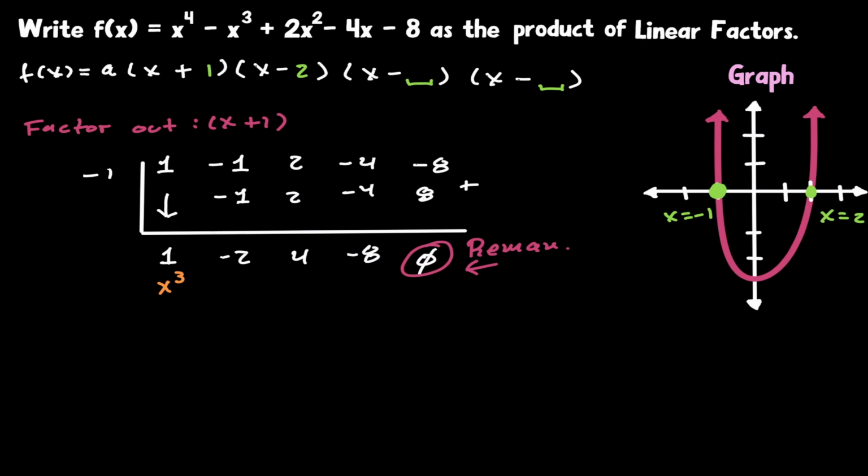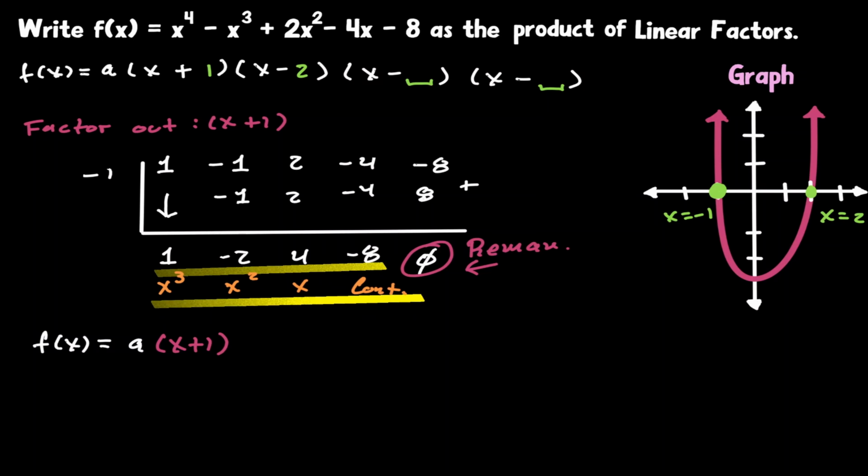It's always 1 less than what we started with. -2 is going to be the coefficient of x, and -8 is going to be our constant. So now we can say that f of x can be written as what we have factored out, which is x plus 1, and then what we obtain from the result of our synthetic division.